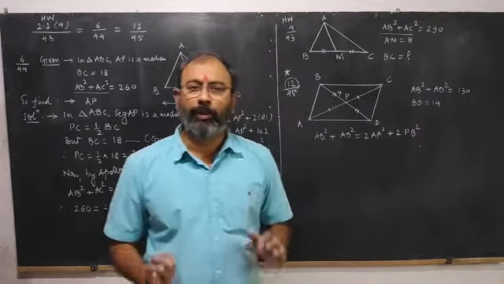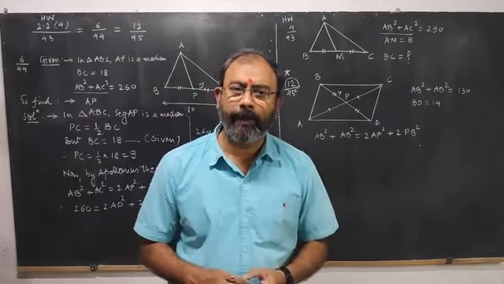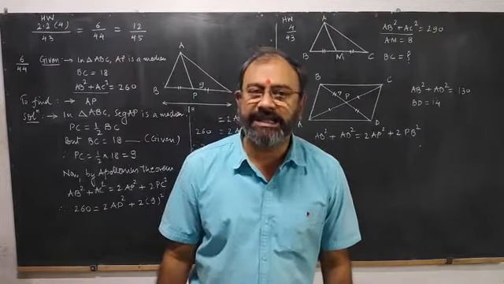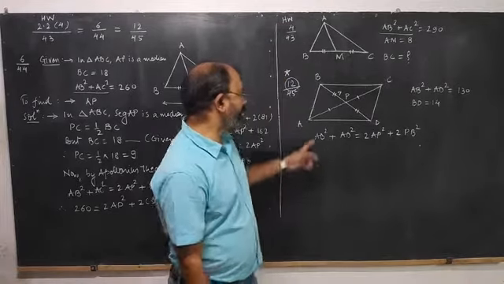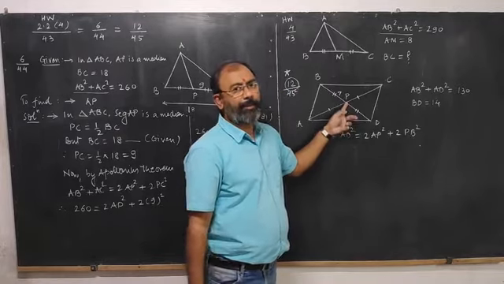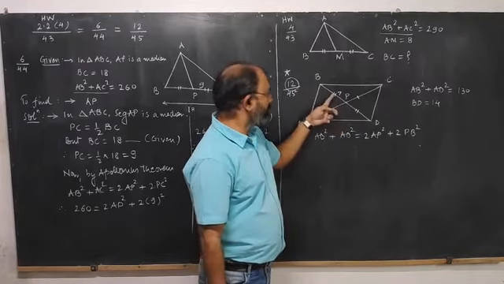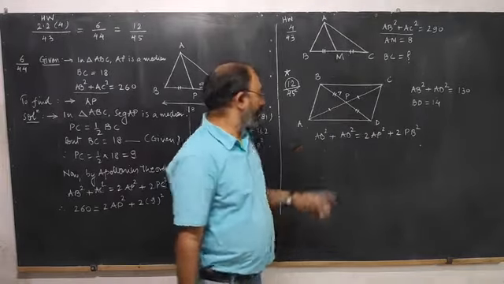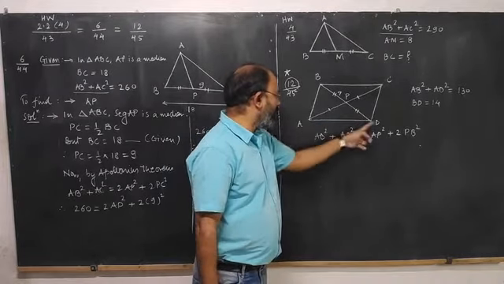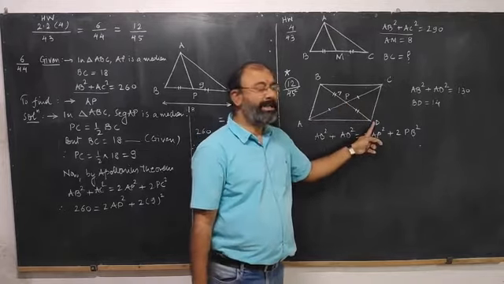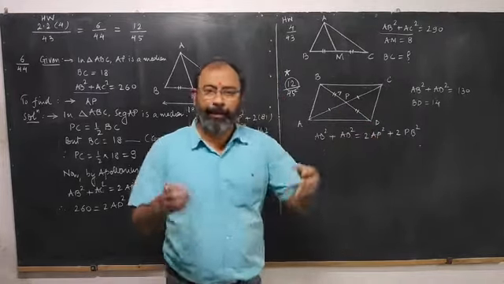Now, what do we know about a parallelogram? We know that the diagonals of a parallelogram bisect each other. So I am considering the point of intersection of the diagonals as P. This is the midpoint of both the diagonals. So this part is equal to this part, and this is equal to this one. If I consider triangle ABD and this is the midpoint of diagonal BD, that means AP is the median.